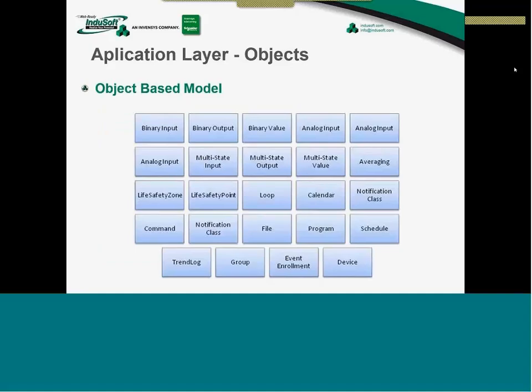Okay, so now a great thing about Bacnet that's different from the standard industrial protocols. The Bacnet is based on objects. All information is modeled in terms of one or more information objects. Each object represents some important component of the device, some collection of information that may be of interest to other Bacnet devices.